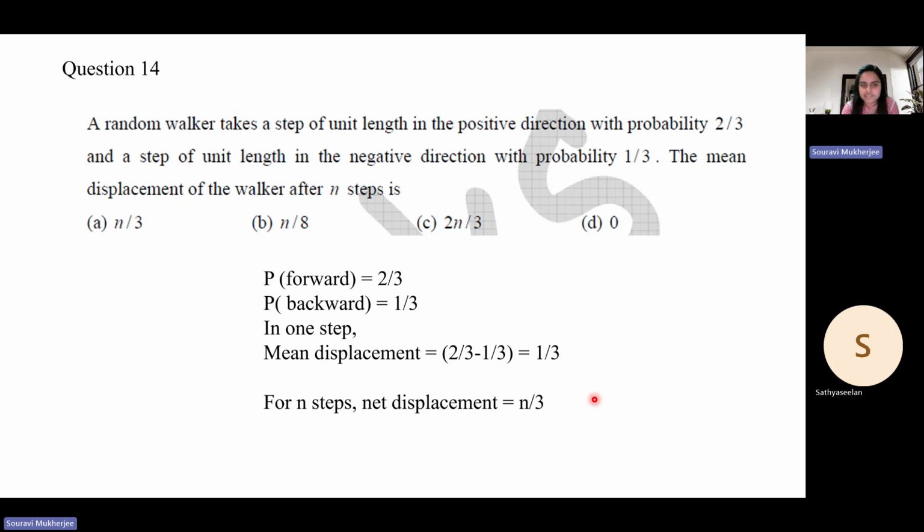So p forward is 2/3, p backward is 1/3. That means in one step the mean displacement is 1/3. For n steps, just multiply by n. So n by 3 is the answer. Clear?